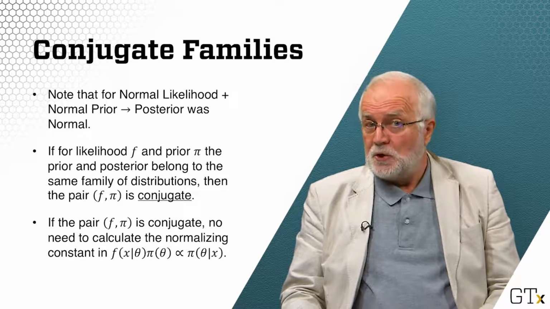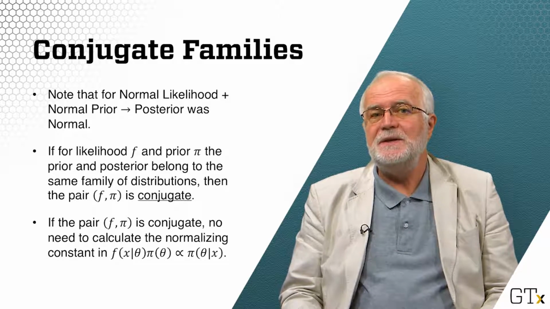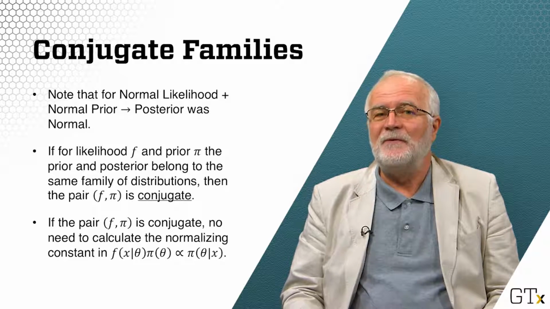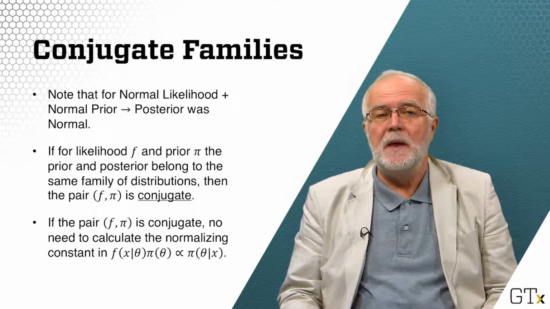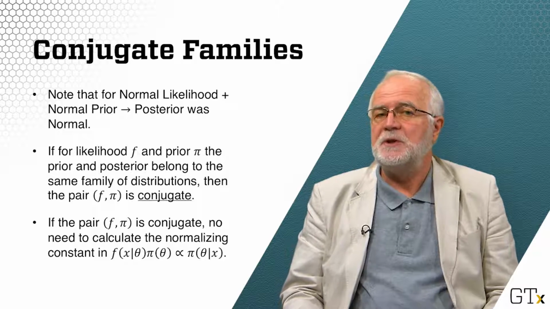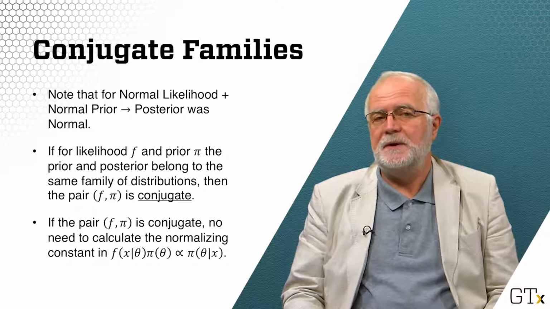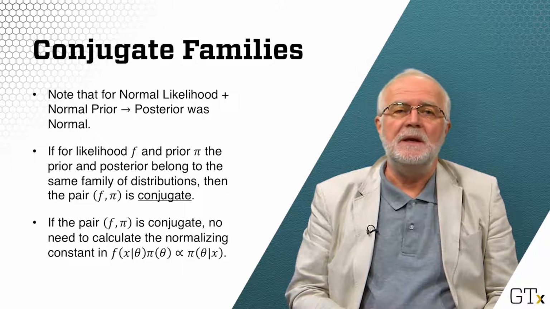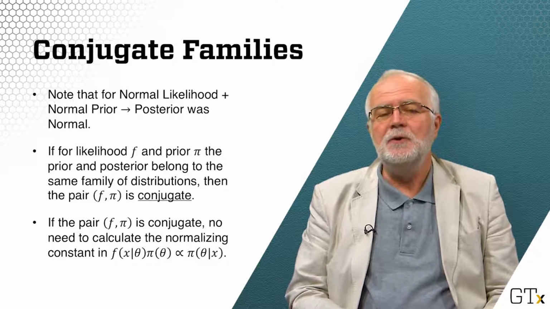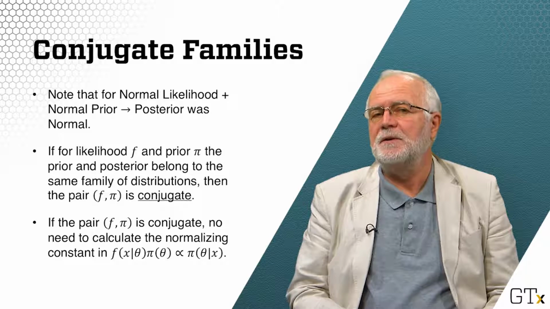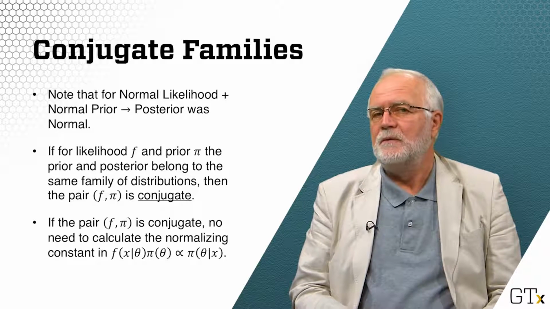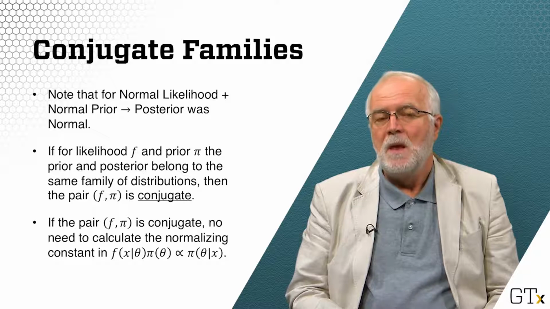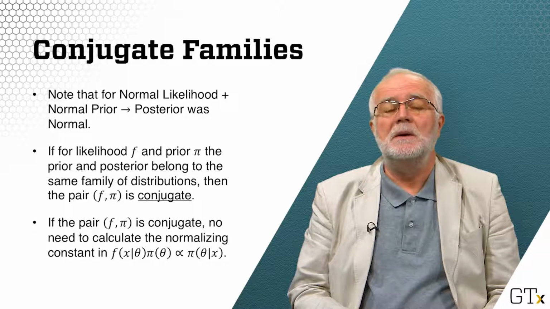Now, if the pair is conjugate, there is no need to find the normalizing constant m of x, which gives you the full posterior. In fact, this normalizing constant is the marginal distribution, and you know that the marginal distribution is integrating the joint distribution with respect to the parameter, and that integration could be unfeasible.